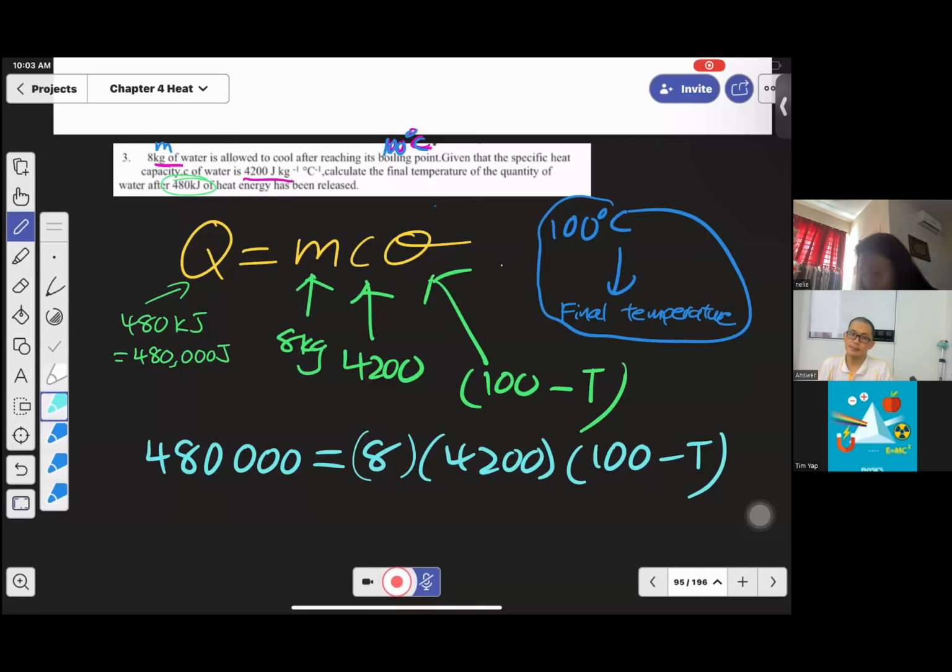Okay, how to find the T? What's the value of the T?